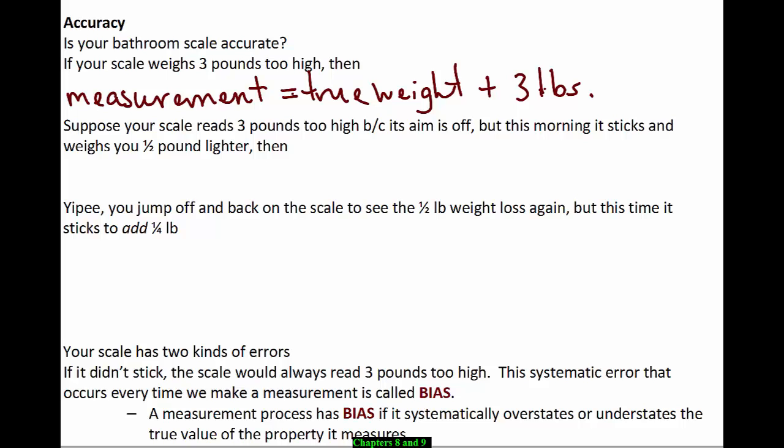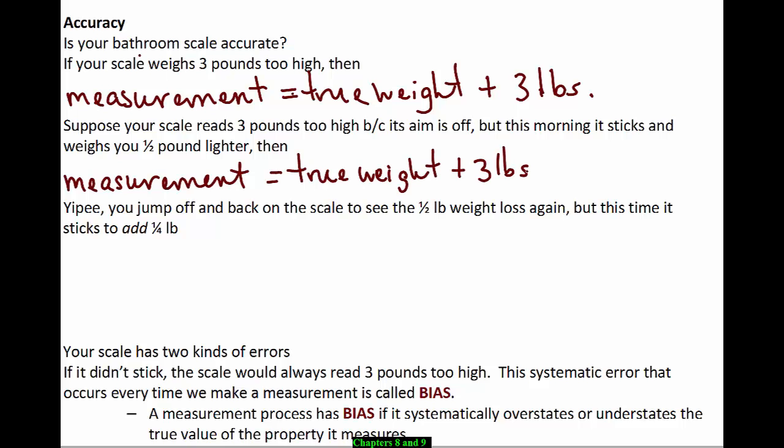We're thinking about the old-fashioned kind of scale where a hand moves around a face, much like an old clock. So it adds 3 pounds, but this morning it sticks and weighs you 1/2 pound lighter. Then the measurement that it gives you is the true weight plus the 3 pounds minus a half of a pound.